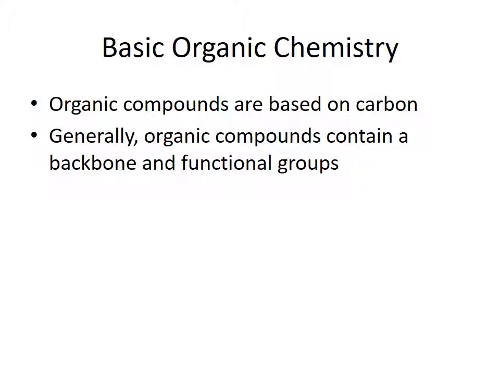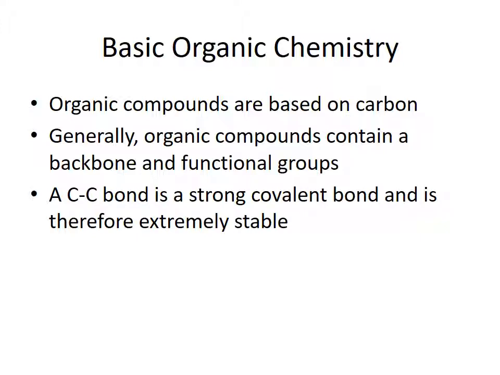But when it comes to chemistry, organic means it's a carbon-based compound. It's not quite that simple though, because if you take a bunch of carbons and stack them on top of each other, you'll get pencil lead, right? But that's not an organic compound. So really, you're going to have carbon, hydrogen, oxygen, not all required to make it considered organic, but carbon is certainly the basis of organic compounds.